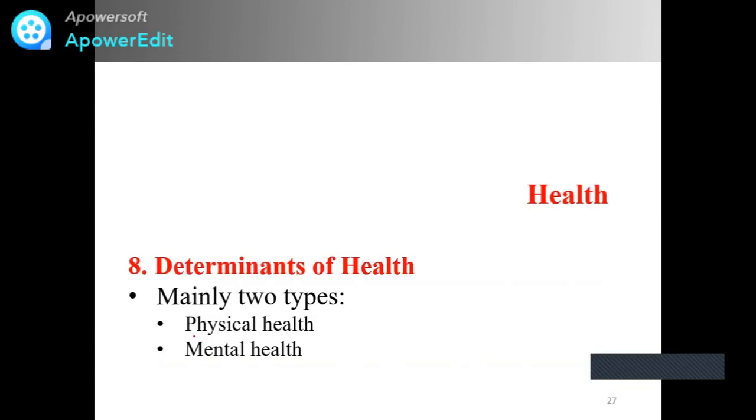These are the determinants of health. However, health is a multi-dimensional concept. Usually, we say health is physical health and mental health. However, when reviewing human health, there are more than two types of health.